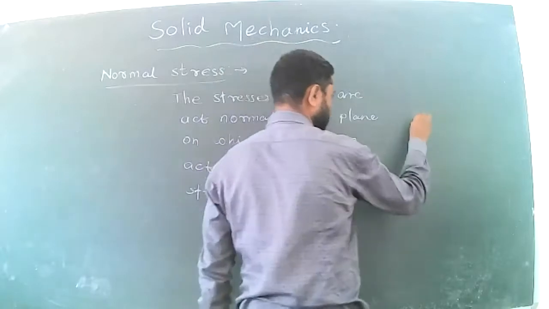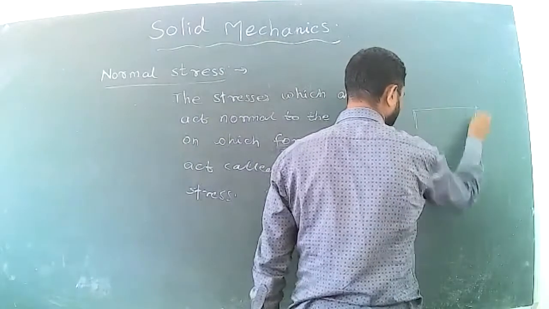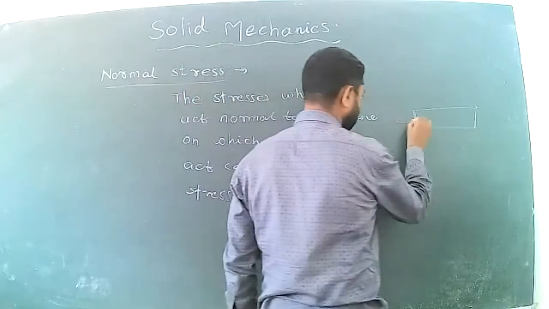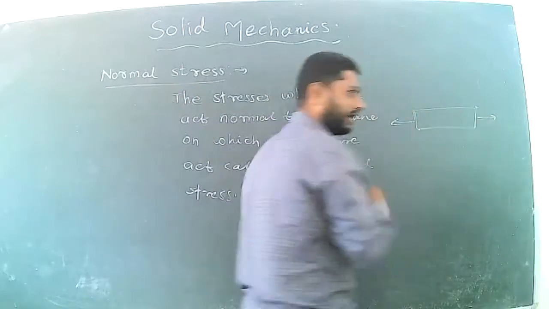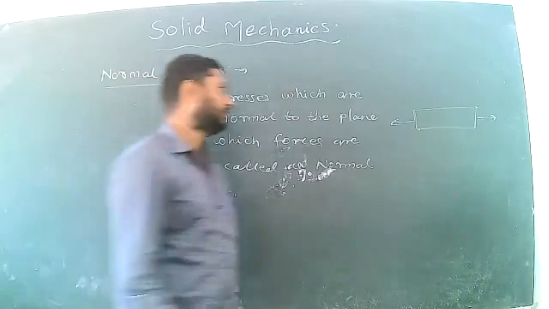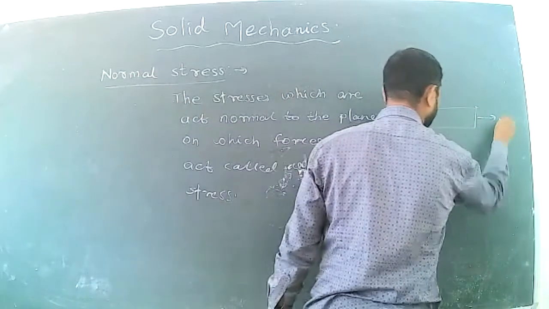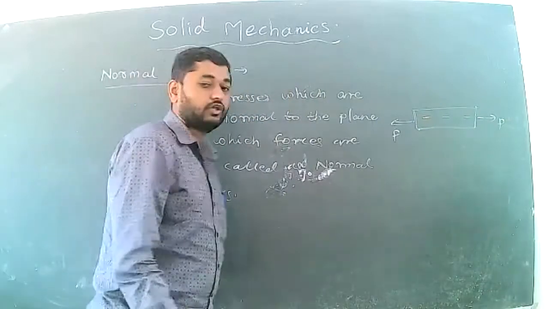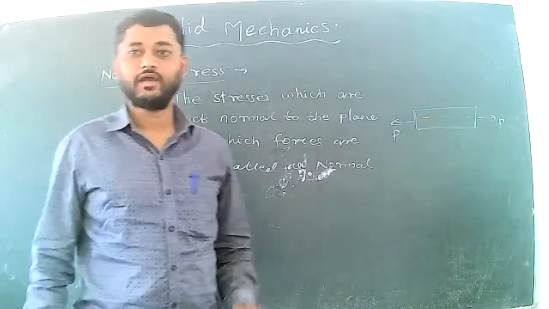For example, suppose this is a body, and we apply some forces. These forces are acting on the same plane. This applied force P is acting on the same plane, so it is called normal stress.